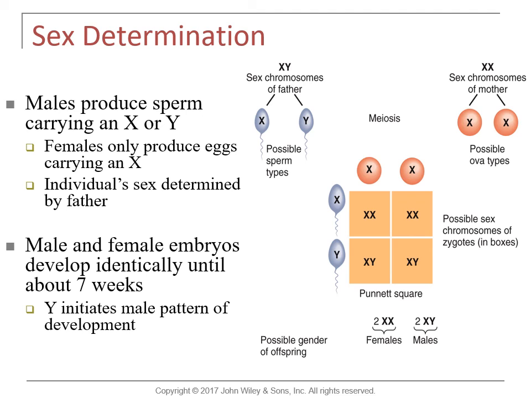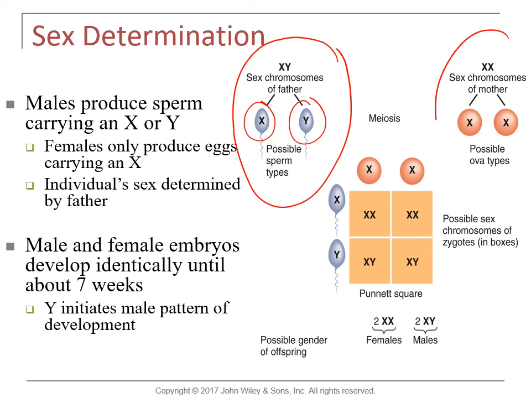Okay, so here, for example, sex chromosomes of the father, it can be either X or Y. And then sex chromosomes of the mother, it can be either X or X, right? So here we can see the father's possible sperm types, and then here we have the maternal ova types, okay?